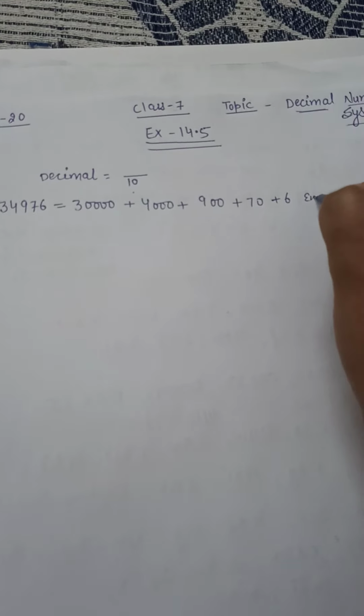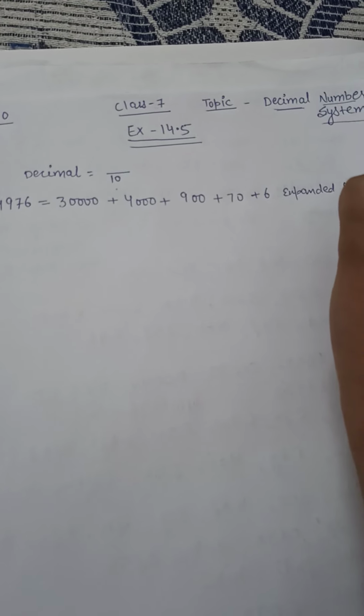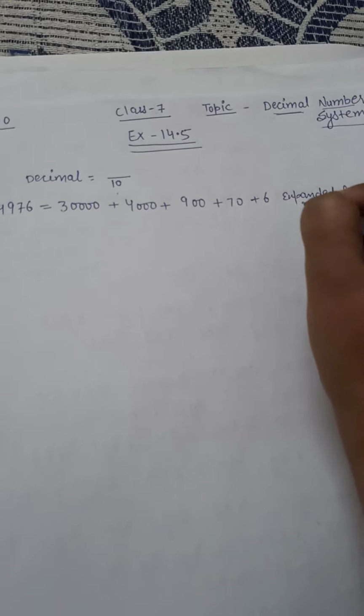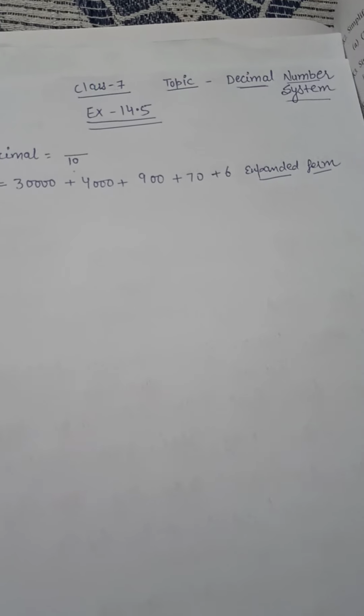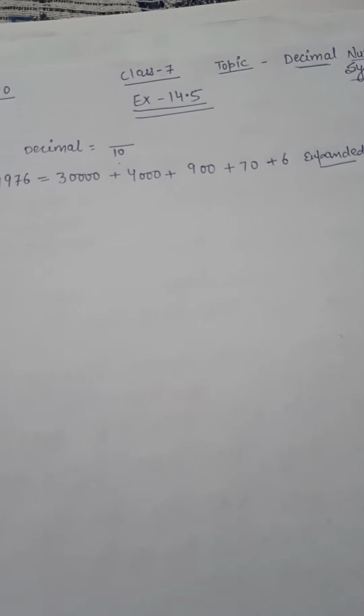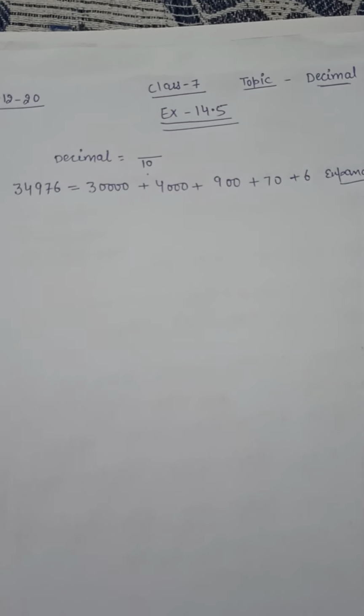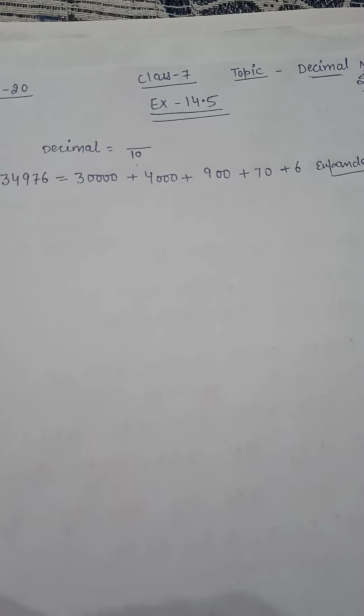This is your expanded form which you are studying from second class. But today we will study the decimal number system and how you will represent this number in exponential form.